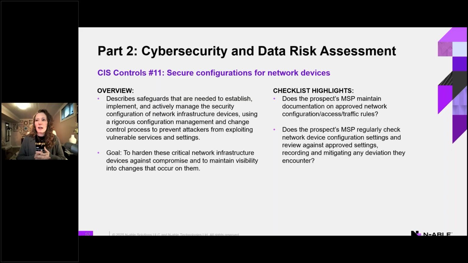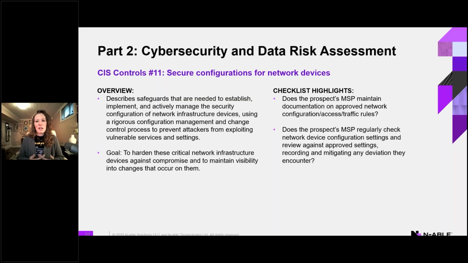But looking at control number 11, secure configurations for network devices. Here we're looking at things like firewalls, routers, and switches. There are 7 sections to this control, but basically number 11 is all about safeguards needed to establish, implement, and actively manage the security configuration of network infrastructure devices.